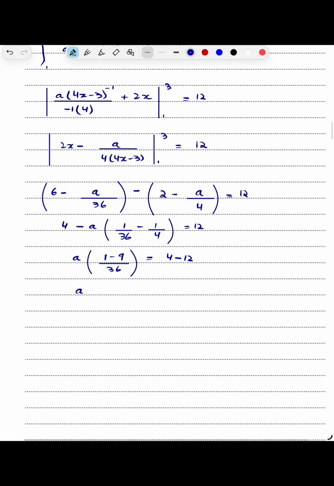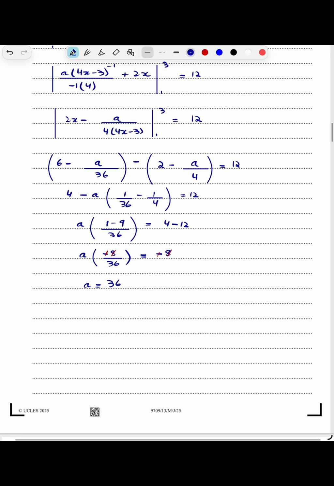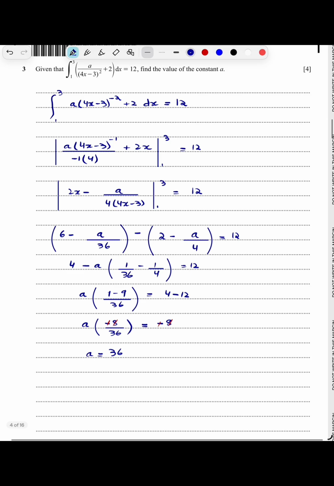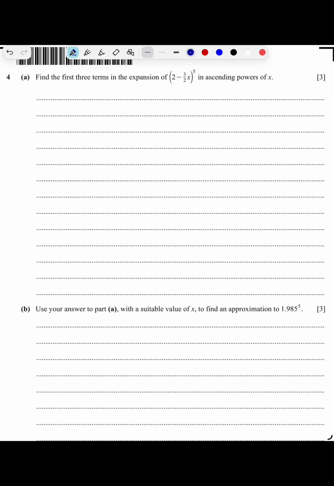Okay, so I'll get a minus 8 over 36, and on the right hand side I'll get a minus 8. Yeah, that's cool, because this gets cancelled, this gets cancelled, and we get a is equal to 36. So yeah, that's it. This is question number 3, and it was for 4 marks.